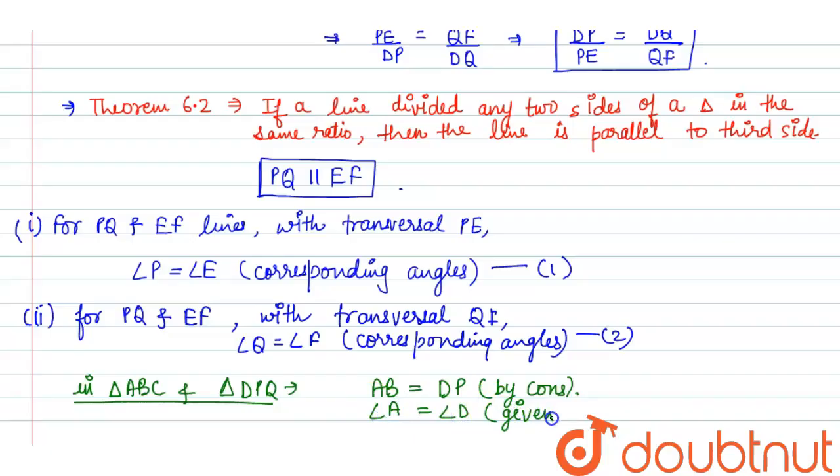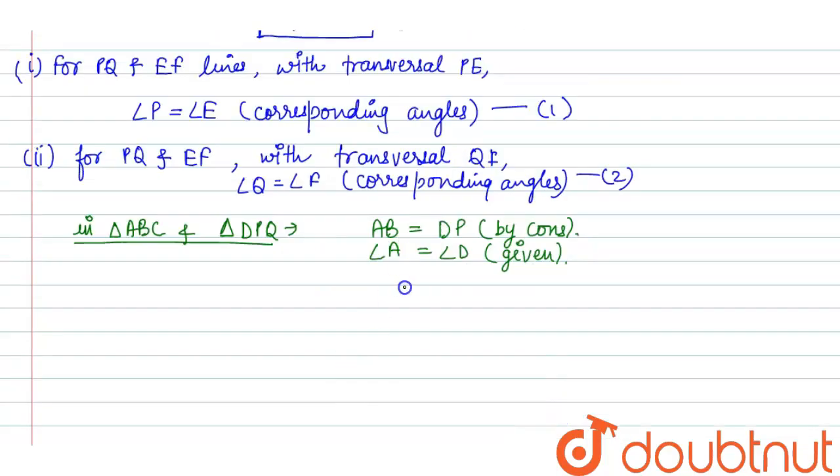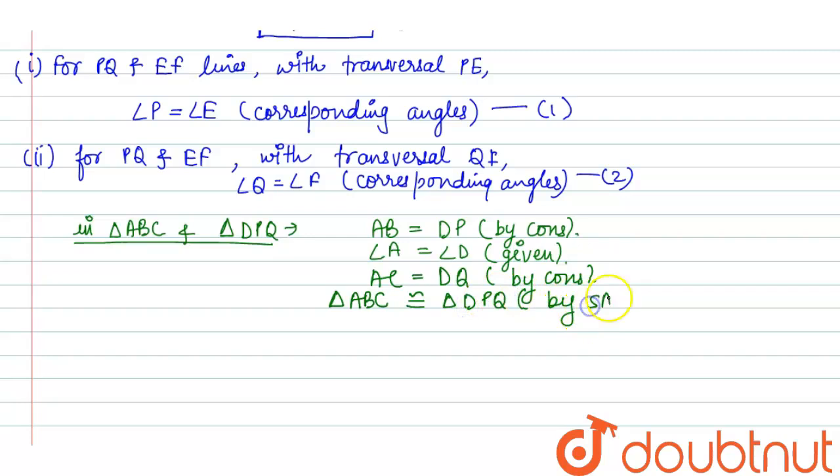Next, AC equals DQ, also by construction. So we can say that triangle ABC is congruent to triangle DPQ by SAS, side angle side congruency. If triangles are congruent, then their corresponding parts are also equal. So by this we can say angle B equals angle P and angle C equals angle Q.